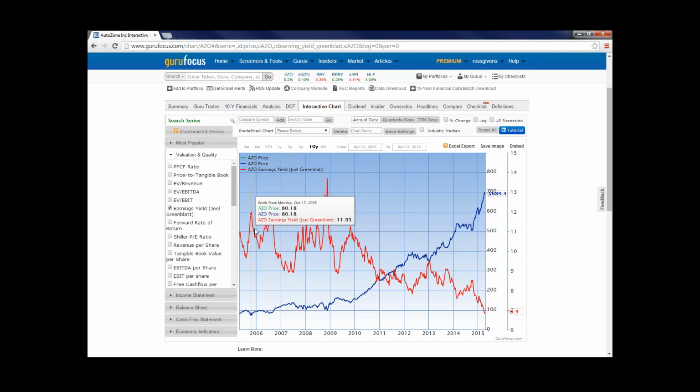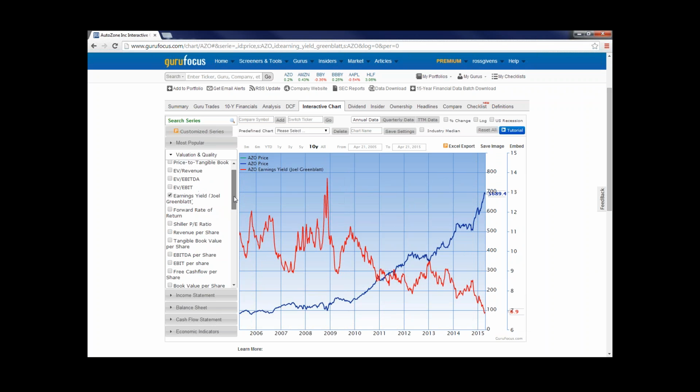This is a stock, and we see why this thing has gone from $115 to $700 the last 6 years, because it's consistently had a really nice, even today's low, 7 to 14% earnings yield based on that method. You can look at tangible book value per share, the Shiller PE, the forward rate of return. I mean, lots and lots of valuation metrics all inside of here that you can plot in chart format. It's just something I haven't seen anywhere else. I think it's extremely, extremely valuable.